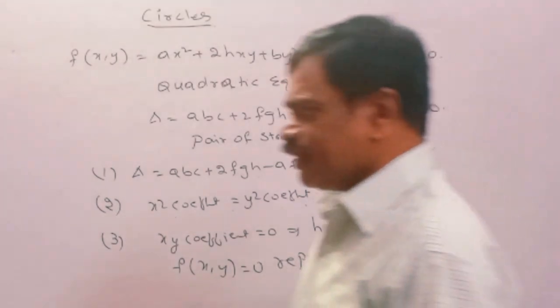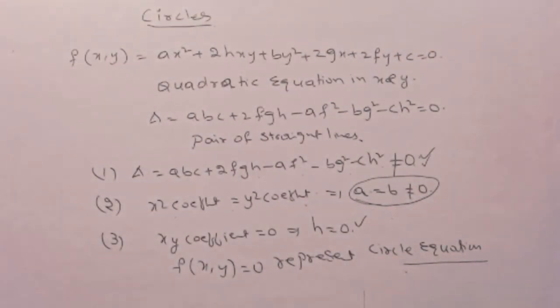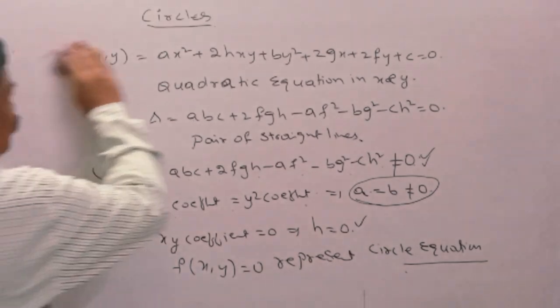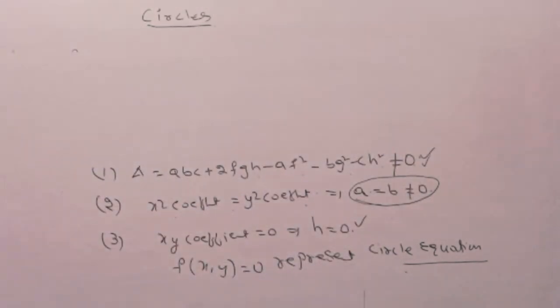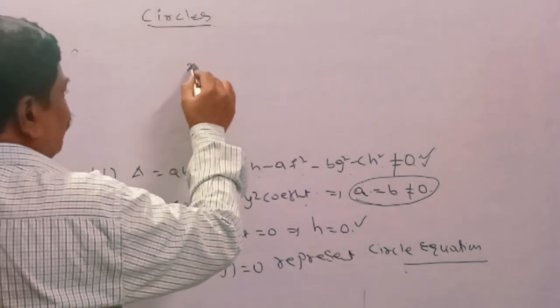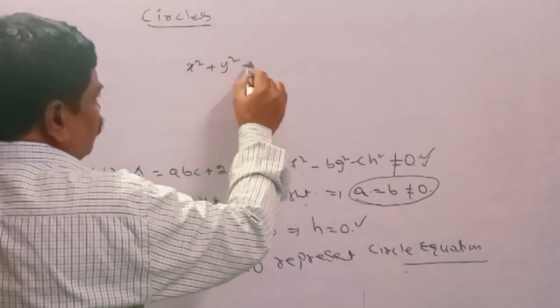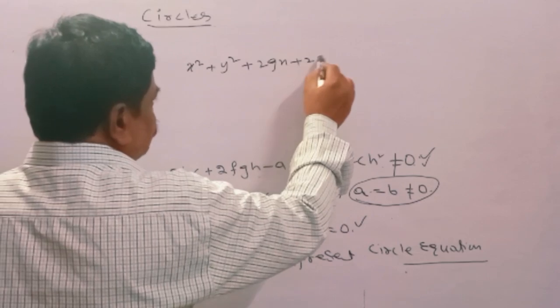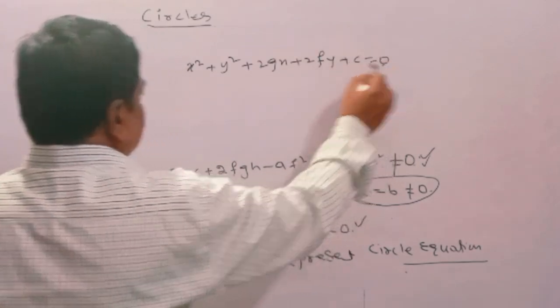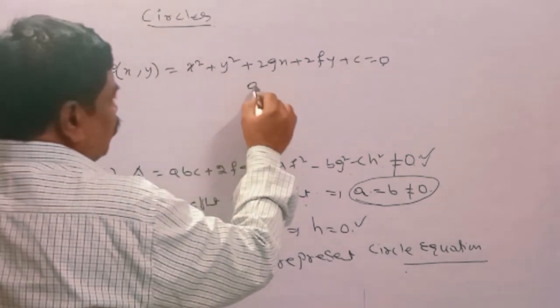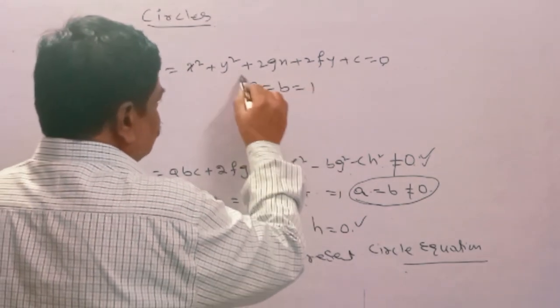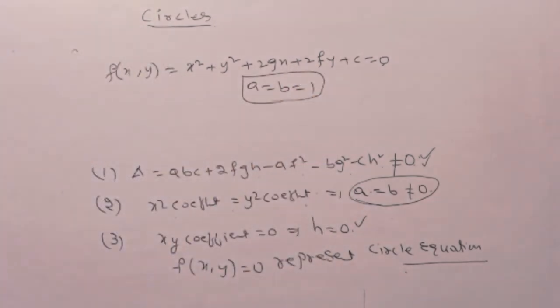Then the circle equation is in the form of, you see all of you, this is transformed into the form x square plus y square plus 2gx plus 2fy plus c equal to 0. This is f of x comma y, where a is equal to b is equal to 1. Okay, all of you.